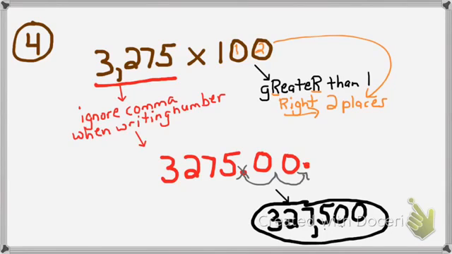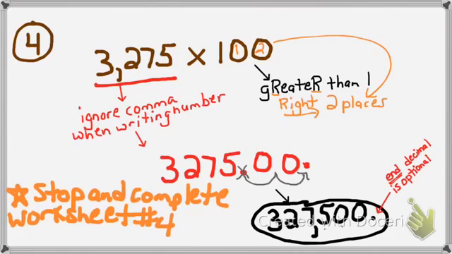There's nothing. Good. Circle my final answer, and it's 327,500. Remember, we never start a number with a comma, so you only put a comma if there was another digit in front of it. So it's 327,500 with or without the decimal at the end. If your decimal is the last thing in the number and there are no digits after it, that end decimal is optional. Please stop the video and complete worksheet number 4 right now.